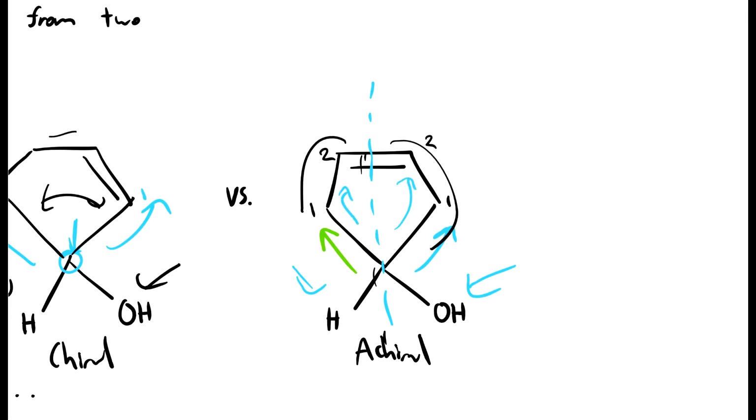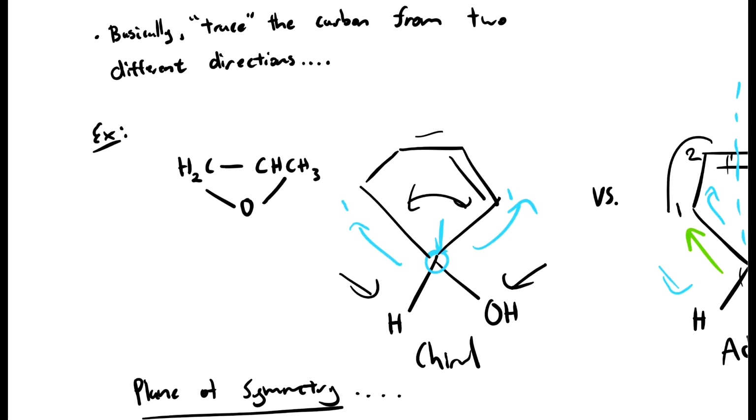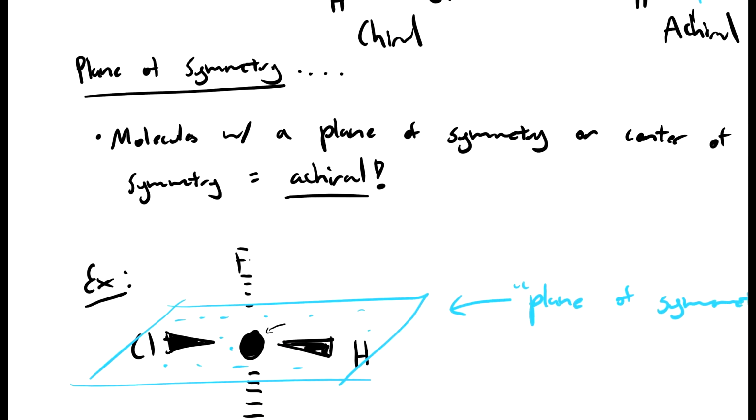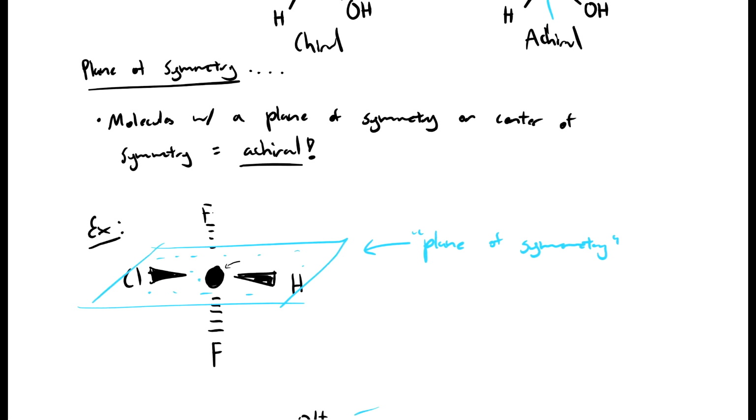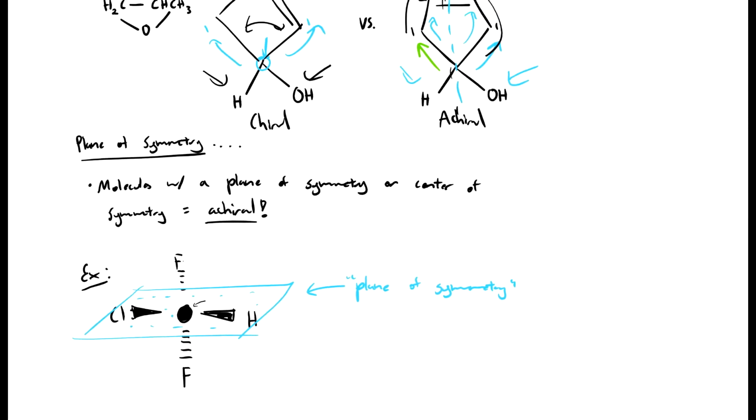If you were just tracing out the carbons from either side, this would make it achiral because now you have this line of symmetry. If you were to go this way, it's completely identical to tracing it from the right side. So achiral, because now these 2 groups are completely identical. And so this goes into the idea of the plane of symmetry. Molecules with a plane of symmetry, or even a line of symmetry, are achiral.